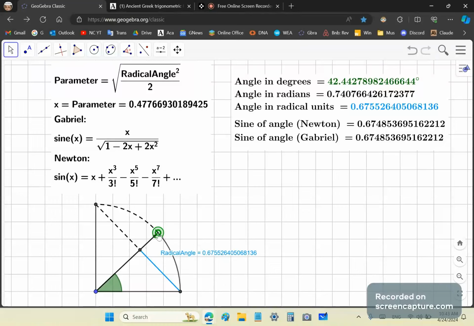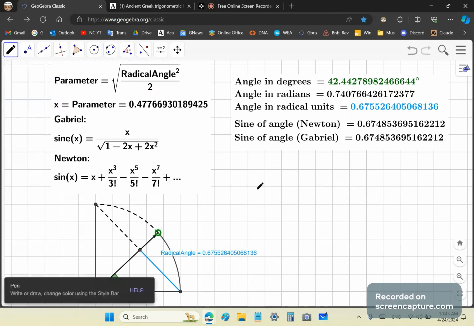Now, the way to do this is you take this blue length, which is the radical angle length. To get the parameter, you square it, divide it by 2, and take the root of that. And why do you do that? Let me explain to you why. So let me get my pen out here.